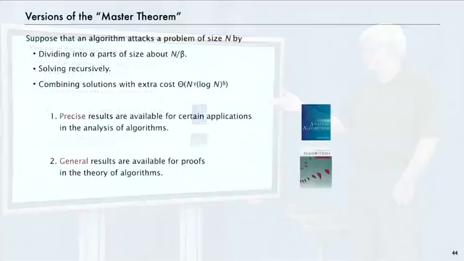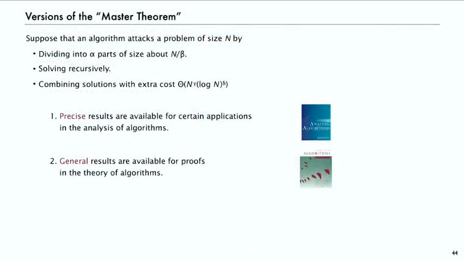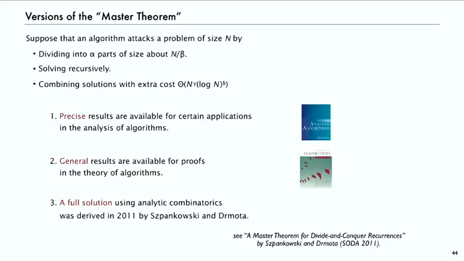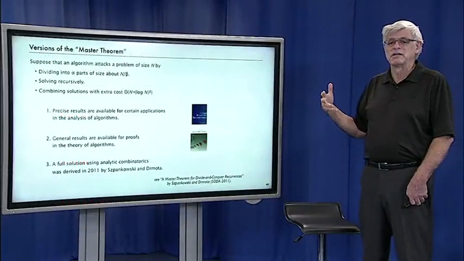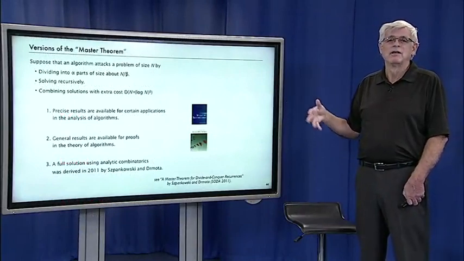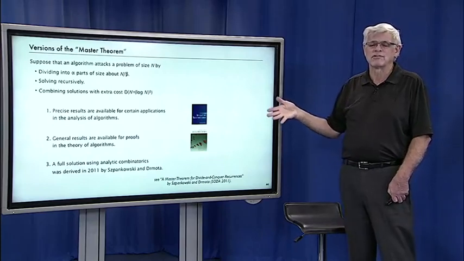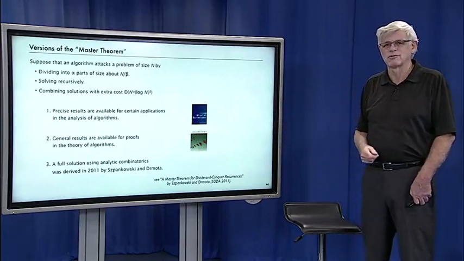The more general results in the theory of algorithms go even more general than where we went in terms of the extra cost of doing the combination, and those are certainly available. And then very recently, a full solution using analytic combinatorics was developed by Szpankowski and Dermota that captures, in general, all the kinds of oscillations we determined for merge sort.